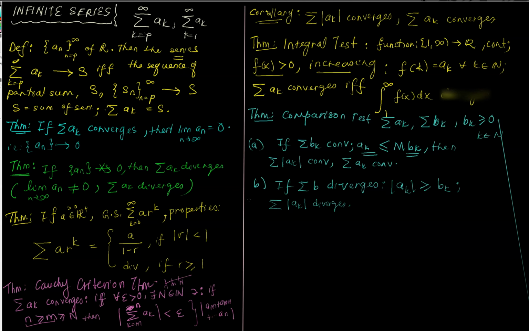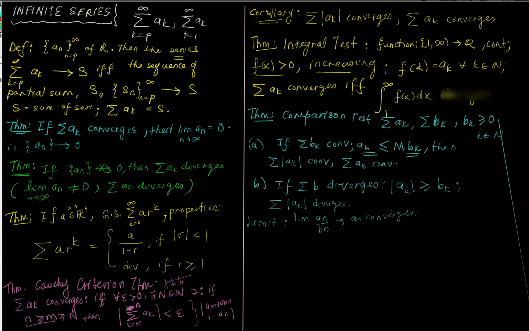Similarly, for limit comparison, you're just going to get an idea. Remember, in limit comparison, you're going to compare the limit of a_n over b_n, where b_k is not 0. Then if b_n converges, a_n converges.